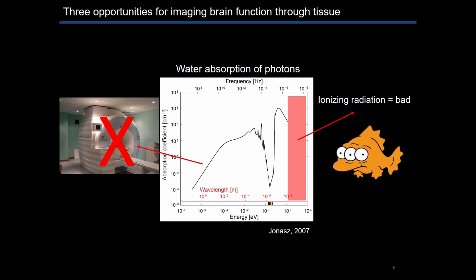Problem is that they are ionizing, and so they can damage DNA, which isn't great for longitudinal studies in kids. So you'll notice that in the middle, there's this remarkable dip that's called the optical window, where optical and really near-infrared wavelengths are able to penetrate multiple centimeters through living biological tissue. And that is what we are leveraging with functional near-infrared spectroscopy and diffuse optical tomography.